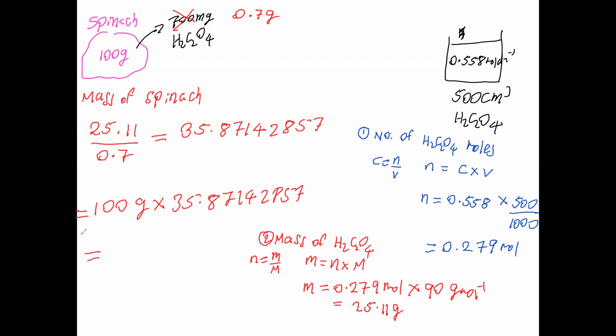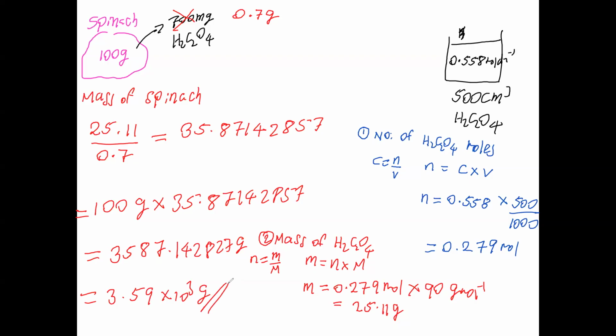I need this many grams: 3587.142857 grams, or we can round it up and write 3.59 into 10 to the power 3 grams.